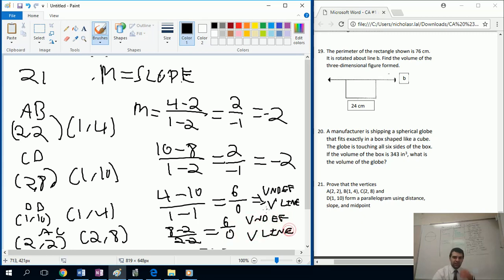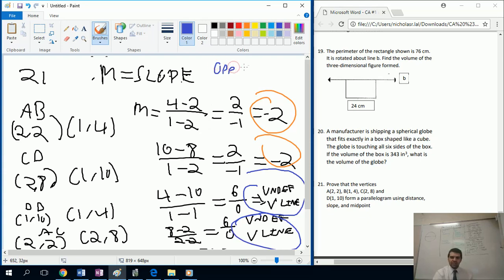So undefined vertical lines are parallel with each other. Opposite sides have the same slope, so this proves that opposite sides are parallel. So we're good to go.